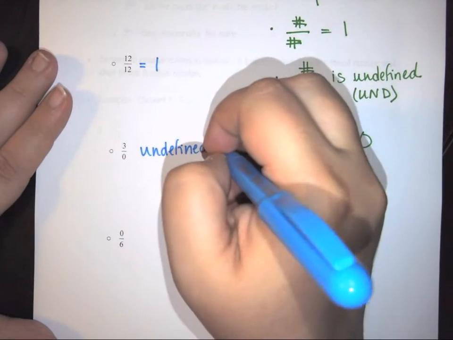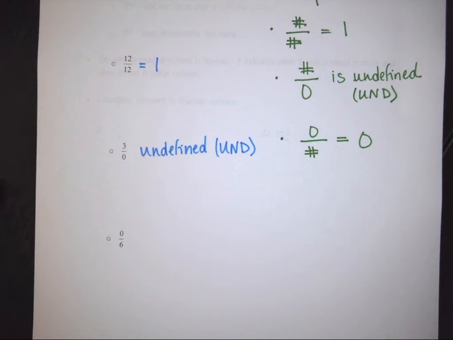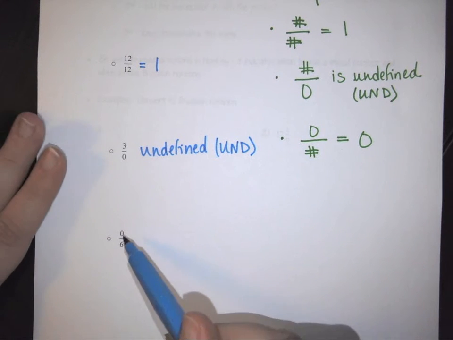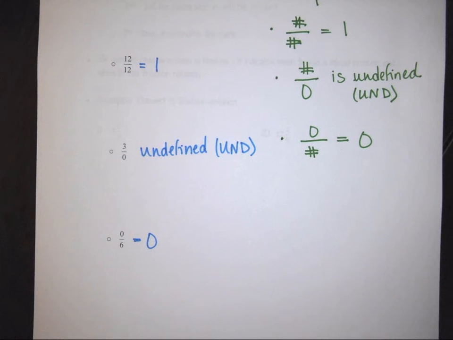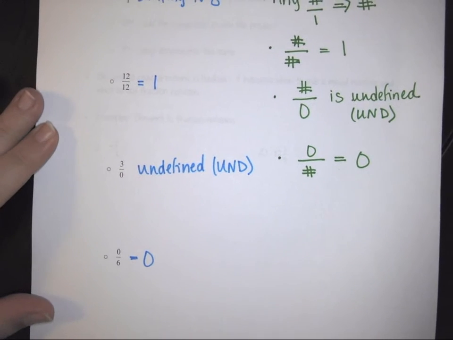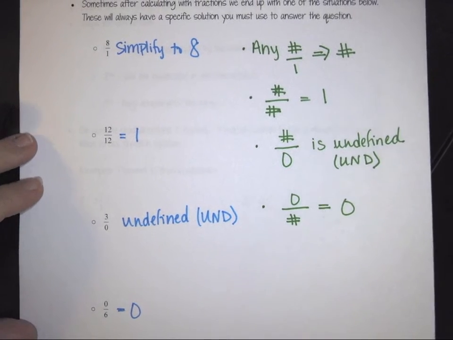Okay? You could also again write UND. And last but not least, if the 0 is on top, then a 0 you should write. So those are kind of the 4 rules that you must always follow when looking at fractions. Okay, these are the simplifying rules.